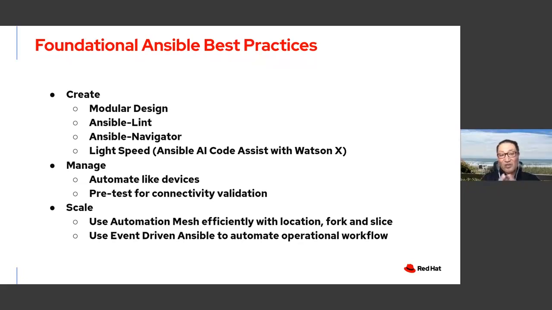And you may want to have an automation mesh execution environment closer to those devices. You also want to be aware of fork and slicing, where you can use that to balance out your tasks and workload across all your automation mesh. So if you're aware of the amount of CPU and memory per execution environment, and the number of execution environments in your automation mesh, it'll help you balance out your workload better.